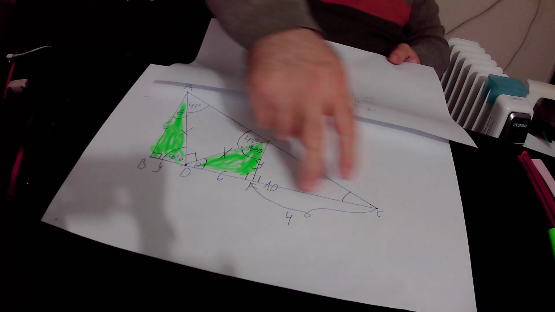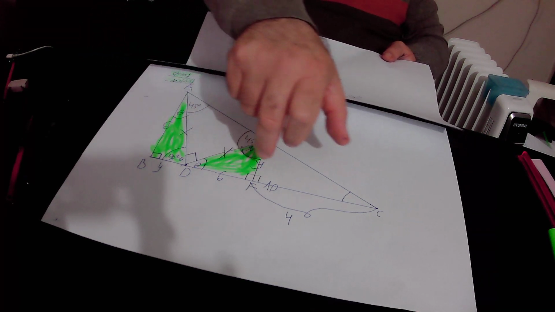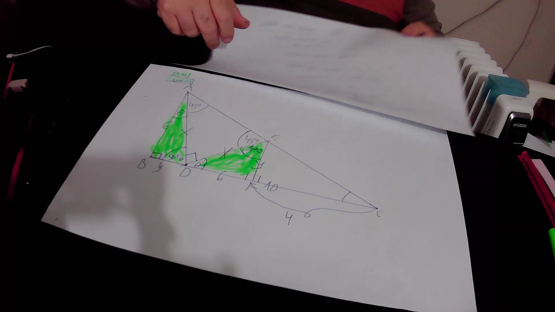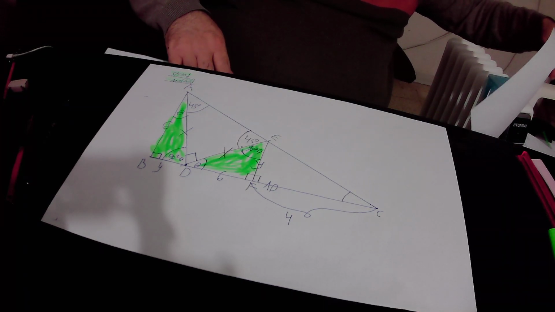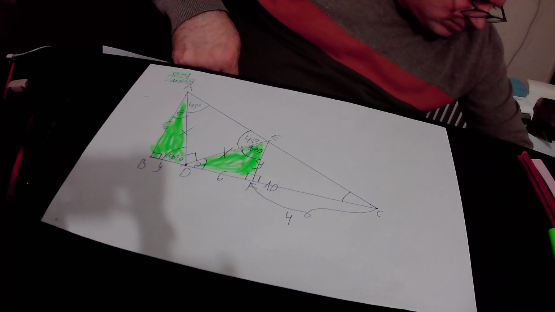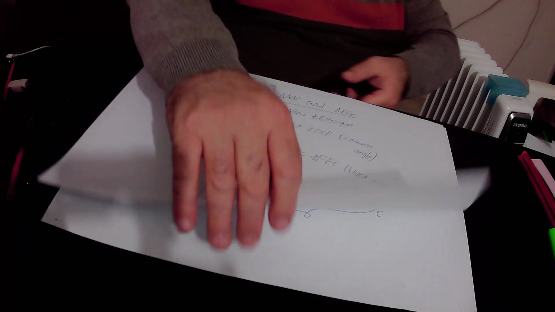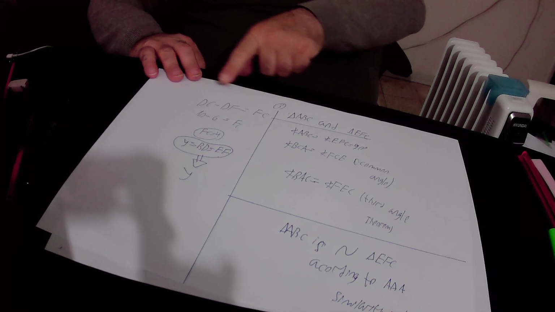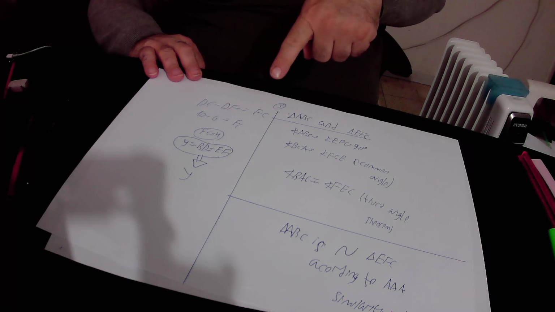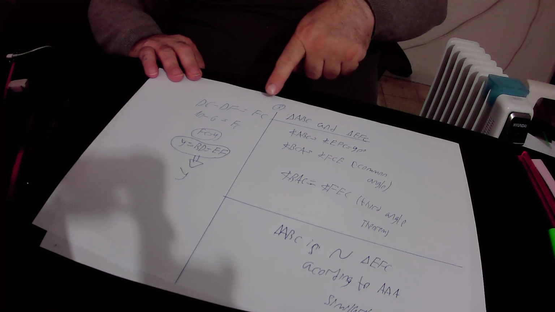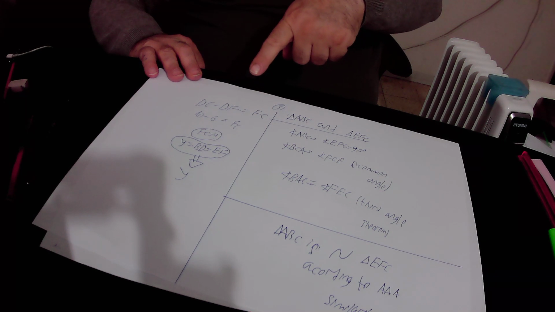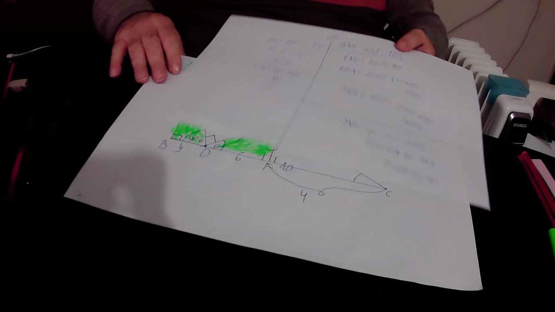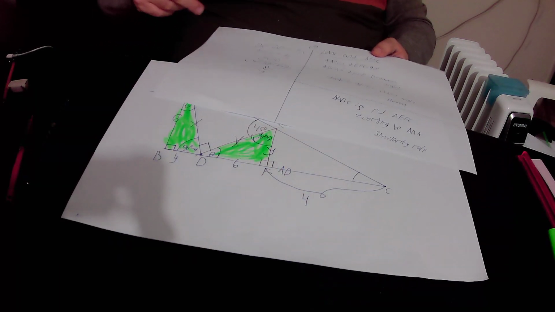We know that DC equals 10 and DF equals 6, so FC will be equal to DC minus DF, that is 10 minus 6, which is 4. So we found that segment FC equals 4 units.